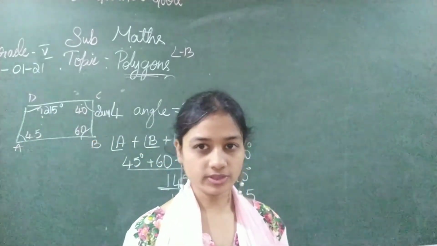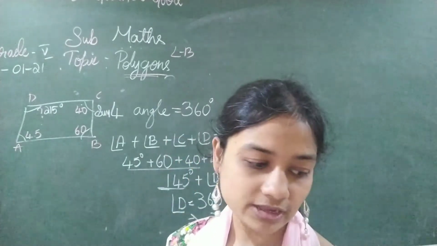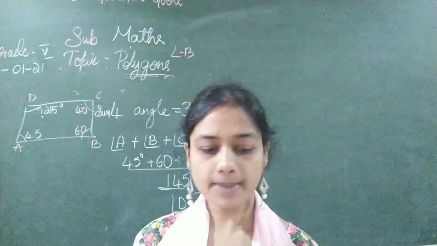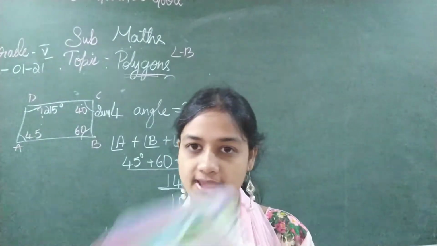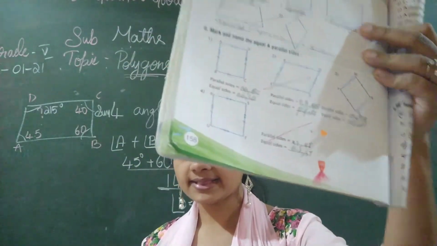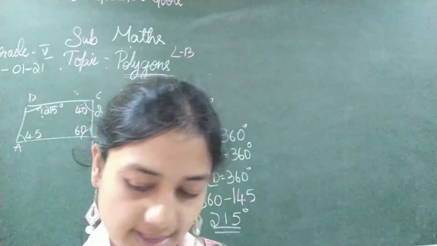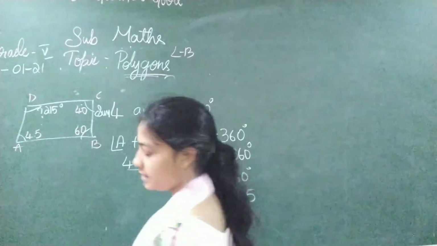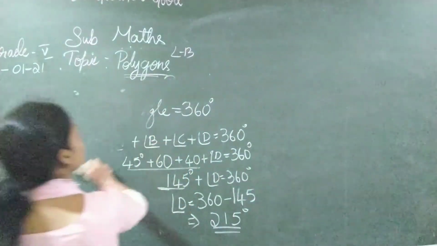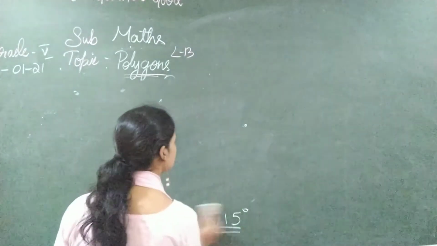So now let's go for the working. All of you take your textbook, page number 158, Exercise 30.1. The first one is very easy: name the quadrilaterals. I will be writing only the answers on the board for you.